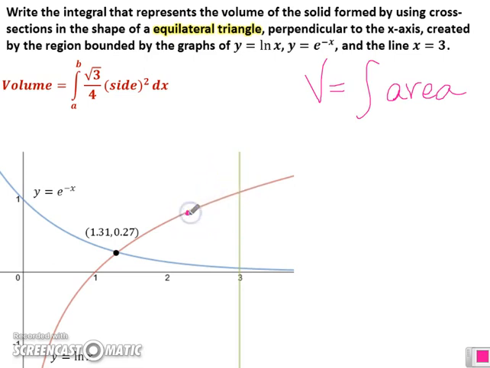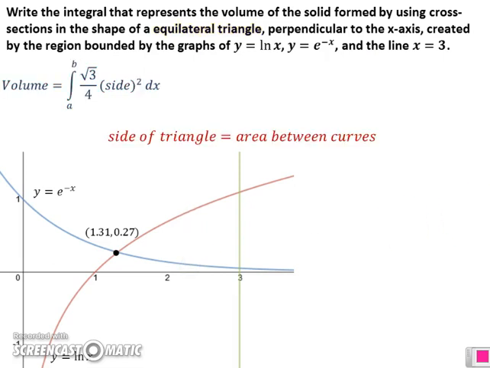And the side is the distance between those curves again. So the side of the triangle is the area between the curves. The area between the curves, again, is the top minus the bottom. Natural log of x is the top, and e to the negative x is the bottom. This is really similar to the square, almost the same problem, except now we just have a coefficient in the front.